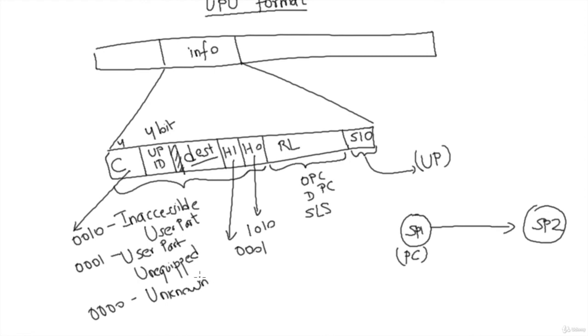Let us understand what happens when the message is relayed through several point codes. Let's suppose there is a point code D, and on this point code D some user part is failing.